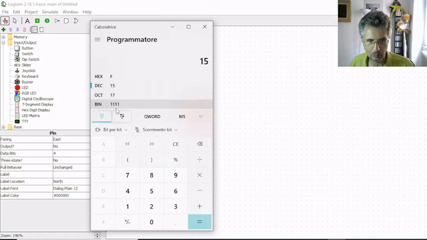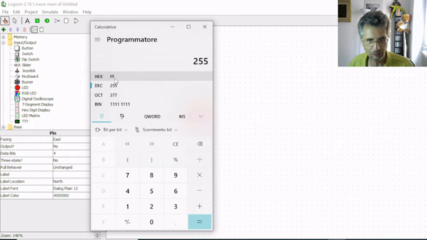For example, if I want to write a number like 255, this should be 8 bits, all equal to 1. And in hexadecimal, don't worry too much, this number is FF.